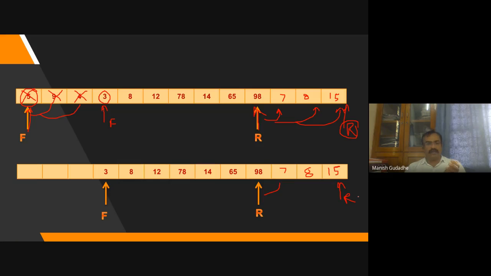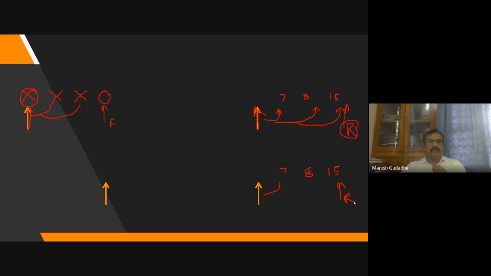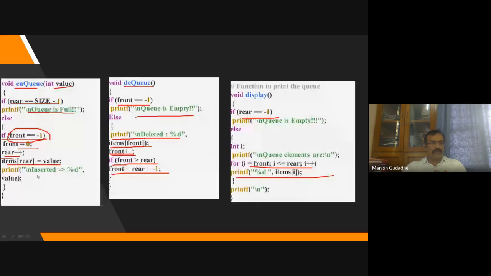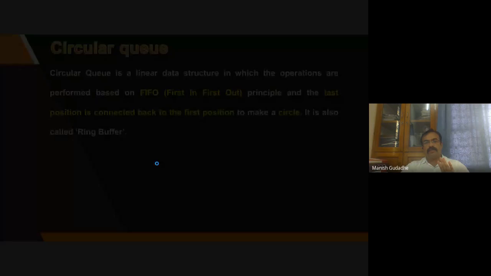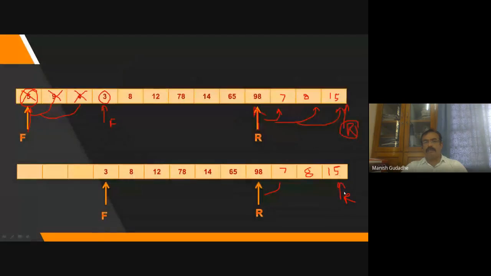That will be the queue full condition. Am I right? Here, rear is equal to size minus 1, that means the queue is full. That's what we are saying. So when R is pointing to the last element, that means the queue is full.